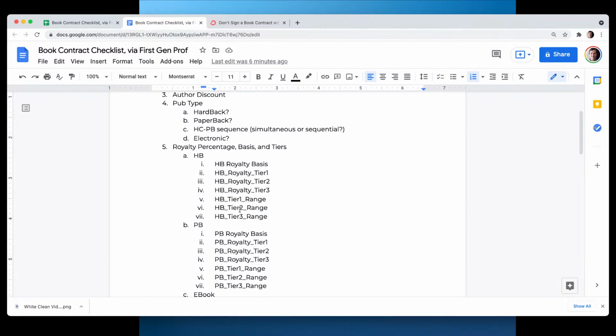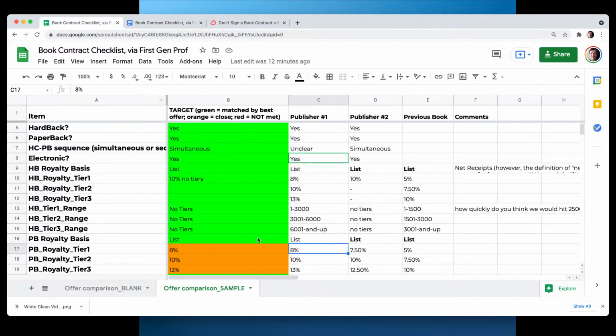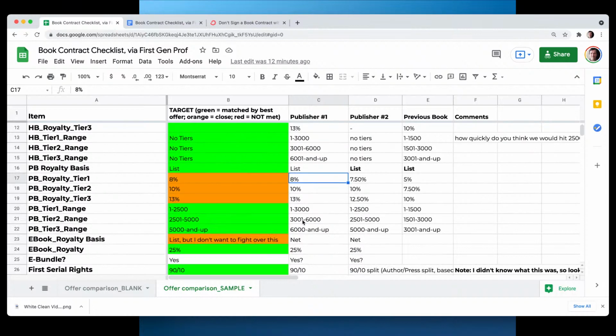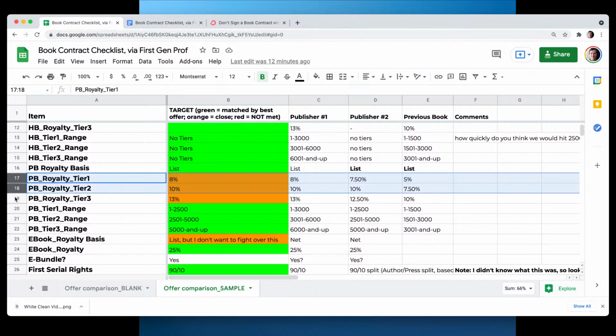Now that matters a lot, and it is an area which, when you get to the stage of negotiation, can matter a great deal, because it makes a big difference. Like if I have, in this hypothetical scenario, let's go back down to paperback, royalty tier 1, tier 2, tier 3.